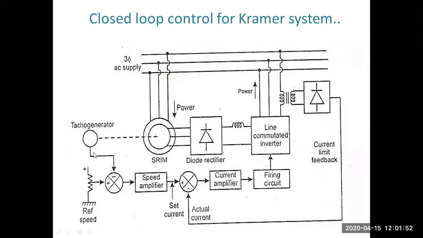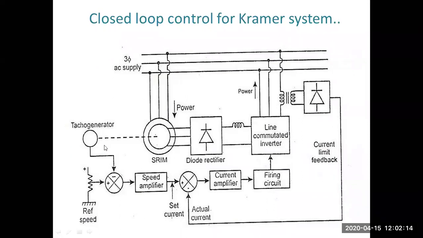This tacho generator will generate a voltage. It is a tacho generator, not a tachometer, so be careful about that. A tachometer gives you the speed, but the tacho generator gives a voltage signal which is calibrated in comparison to the rotor speed.